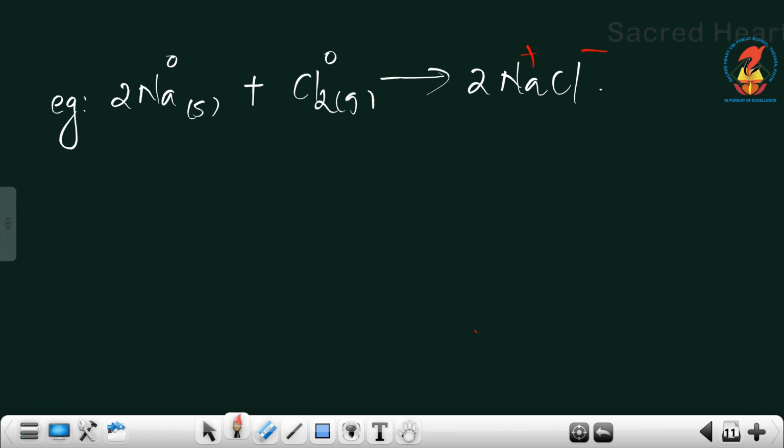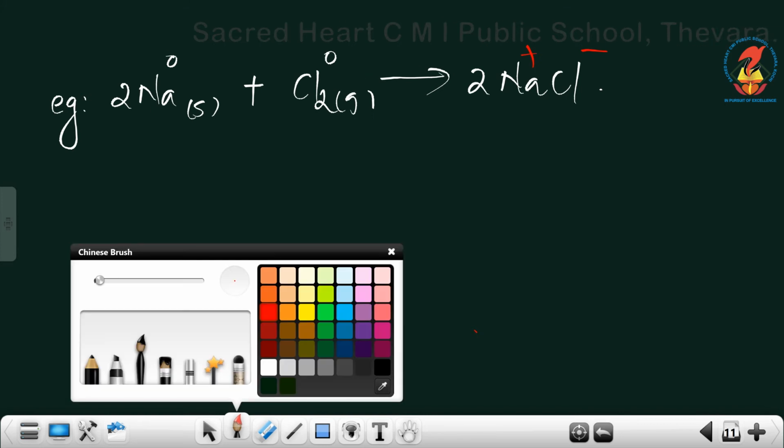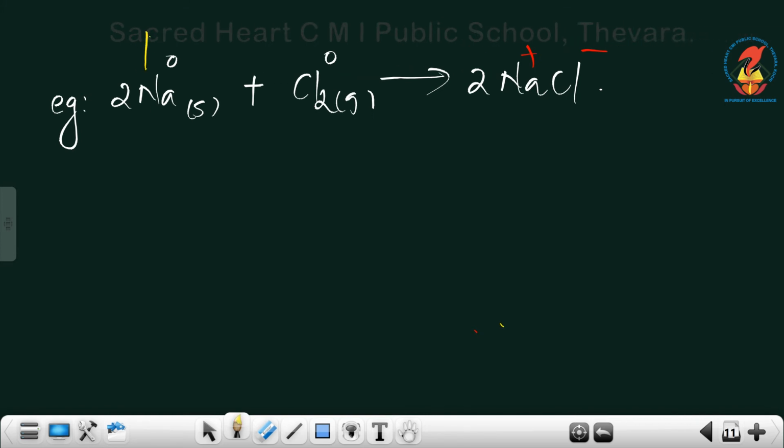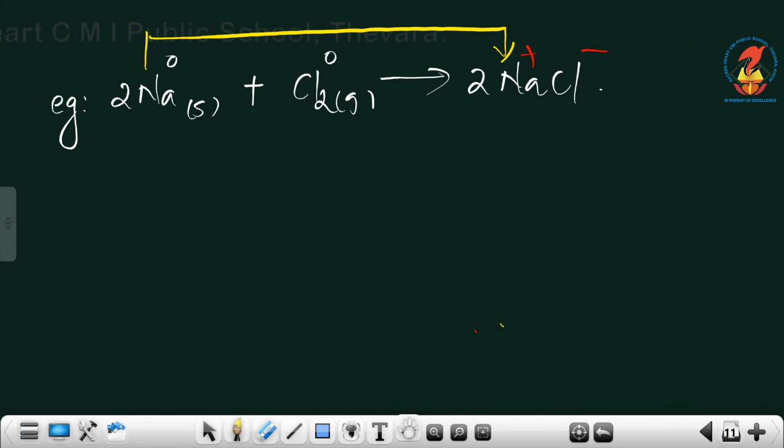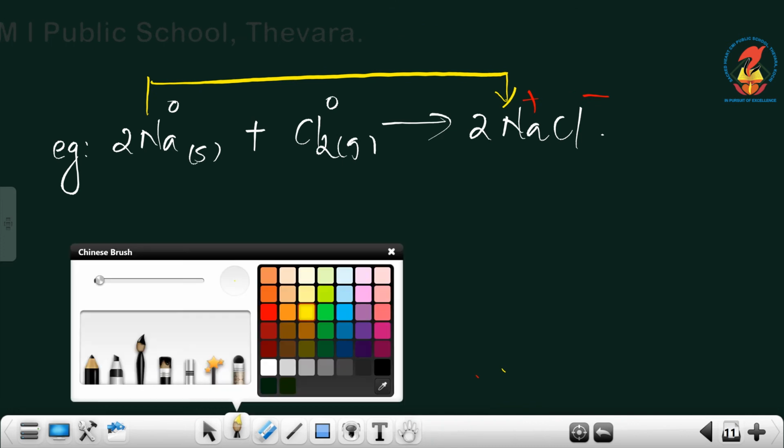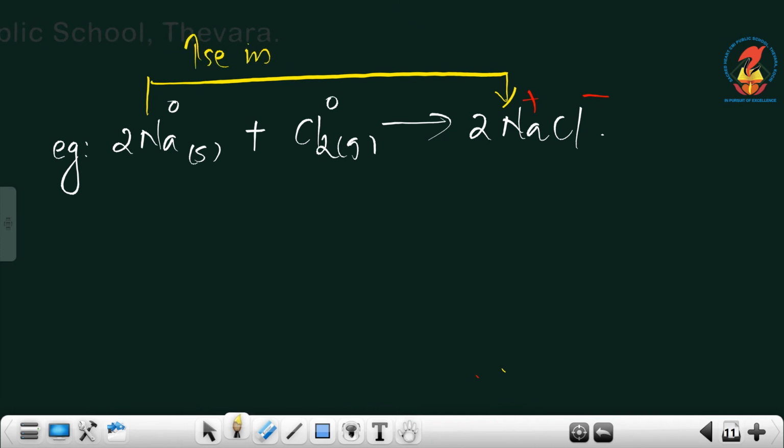Yes, Na plus and Cl minus. So what is the change in the charge of sodium and what is the change in the charge of chlorine during this reaction? Sodium 0 changes to +1, that means there is increase in positive charge. If there is increase in positive charge, we can call it as oxidation.